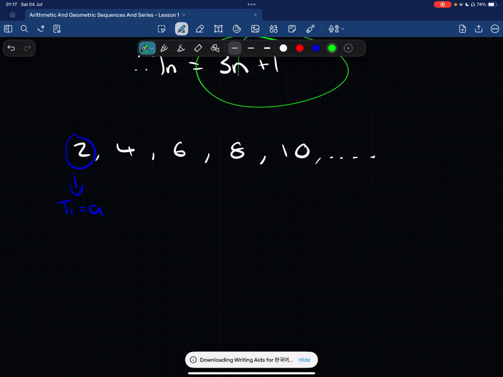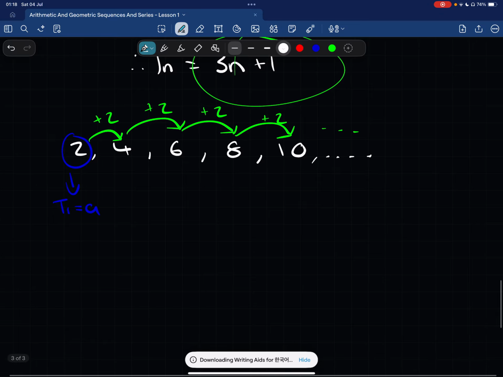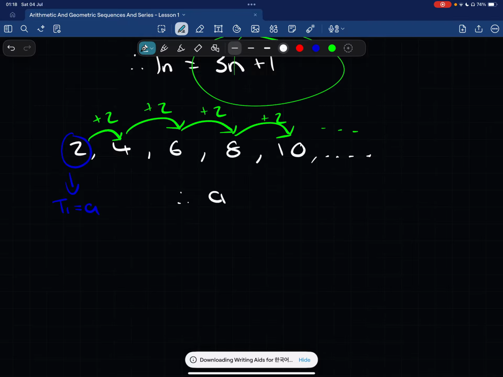And every term after that is when we add 2. So 2 plus 2 is 4, 4 plus 2 is 6, 6 plus 2 is 8, 8 plus 2 is 10, and so on. So therefore, A is equal to 2, and D is also equal to 2.